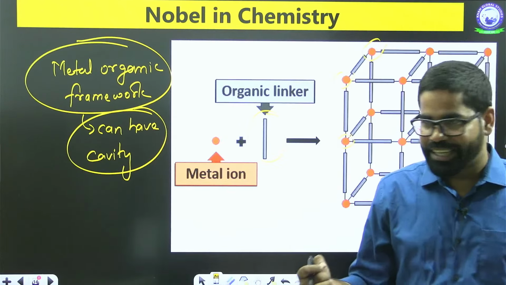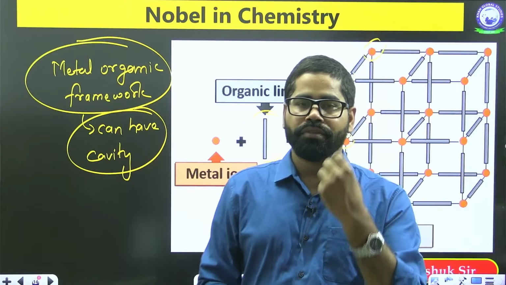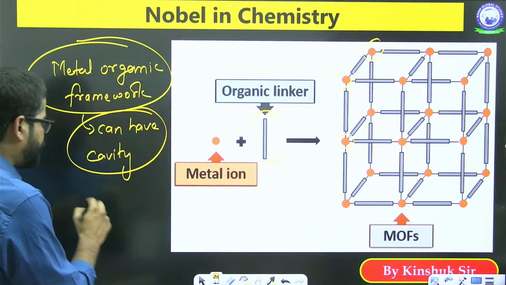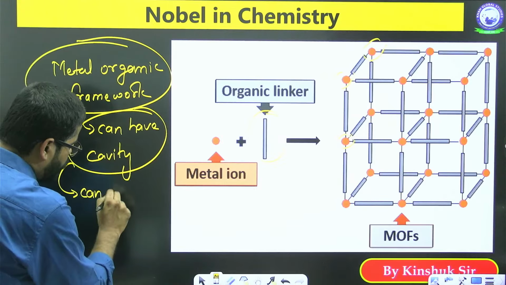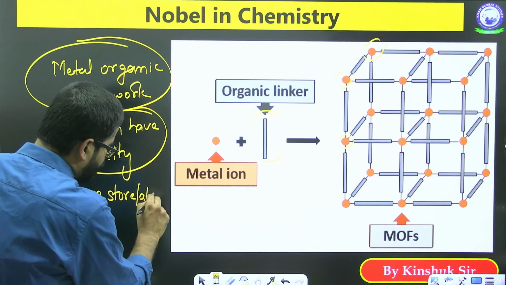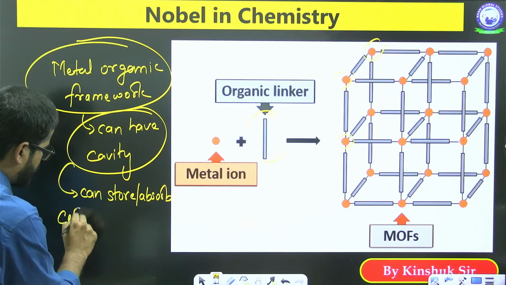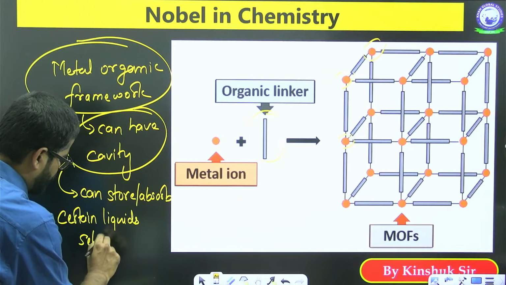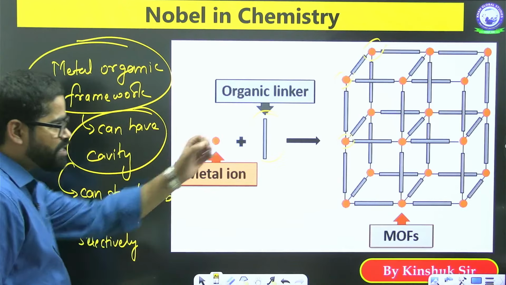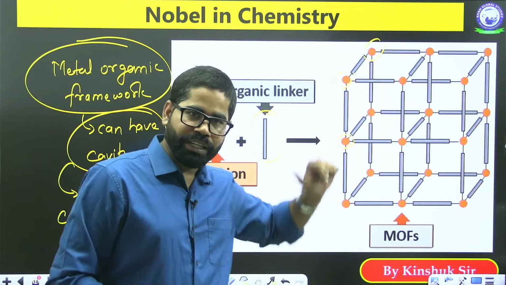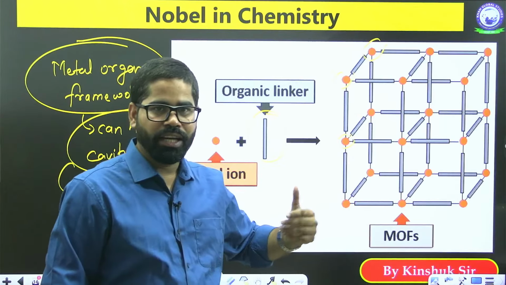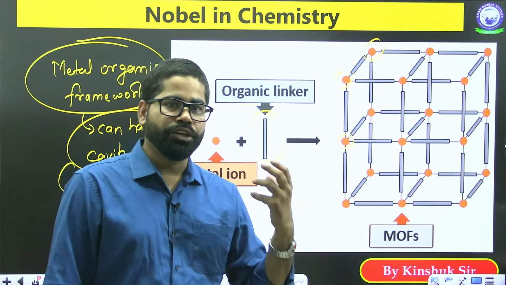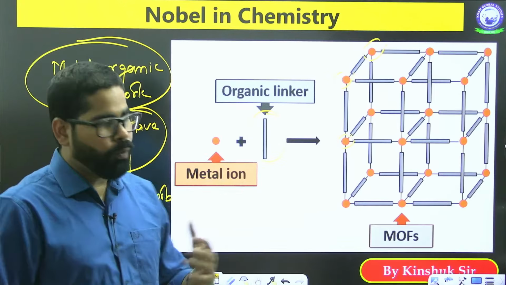So this cavity can store or absorb some of the gases or liquids selectively. Means they can choose certain liquids and selectively absorb them. So for designing this metal organic framework, these 3 scientists have got the Nobel Prize in chemistry.